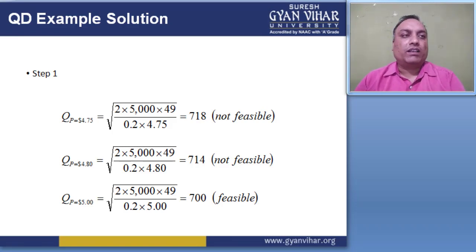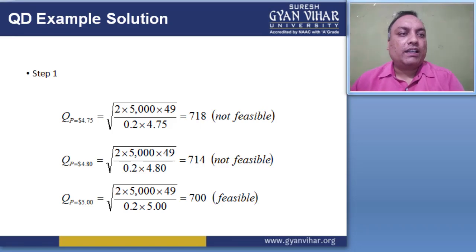This is not feasible. For the next case, QP equals $4.8: 2 into 5000 into 49 divided by 0.2 into 4.8. This is 714. This is not a feasible solution.